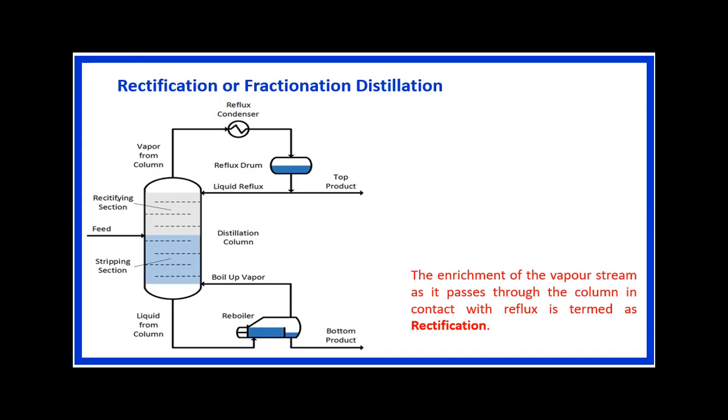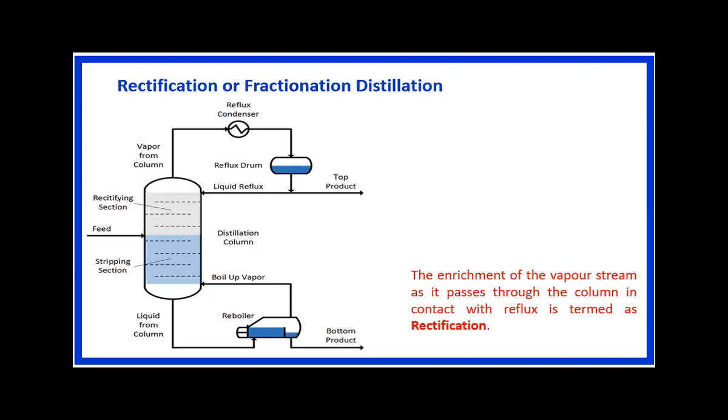It means we are rectifying the vapors in terms of the more volatile component, and that is why when this distillation technique is used in the alcohol industry, it is normally called rectification, and if it is used in refineries or petroleum or petrochemical industries, then it is called fractionation.